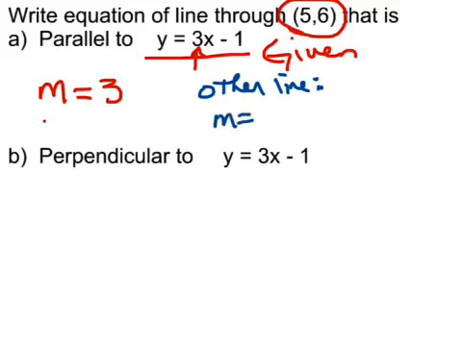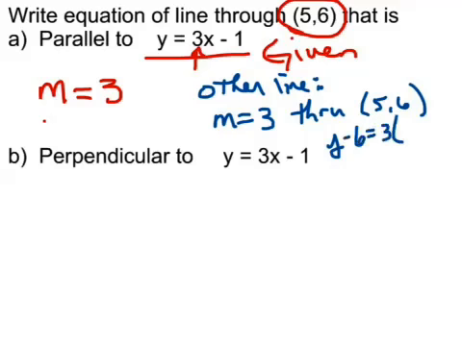What does the slope need to be on the parallel line? Well, it needs to match the red line, so it has to be the same. And it's going to go through 5, 6. And that's what we were doing in section 5.7. So our final answer is going to be y minus 6 equals 3 times the quantity x minus 5. I just plugged in the point slope and found the equation of the line.